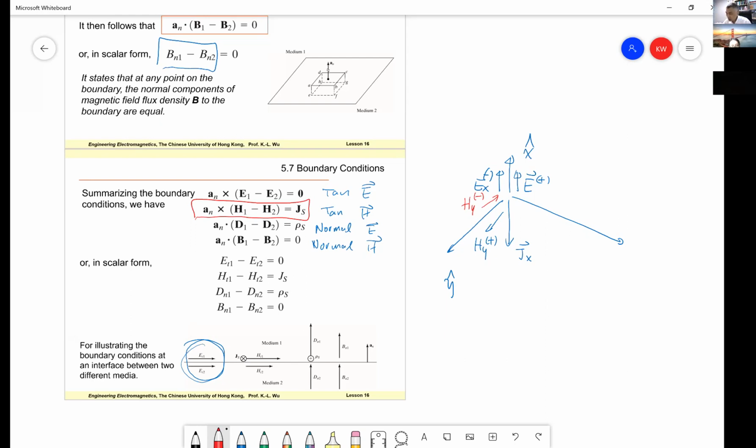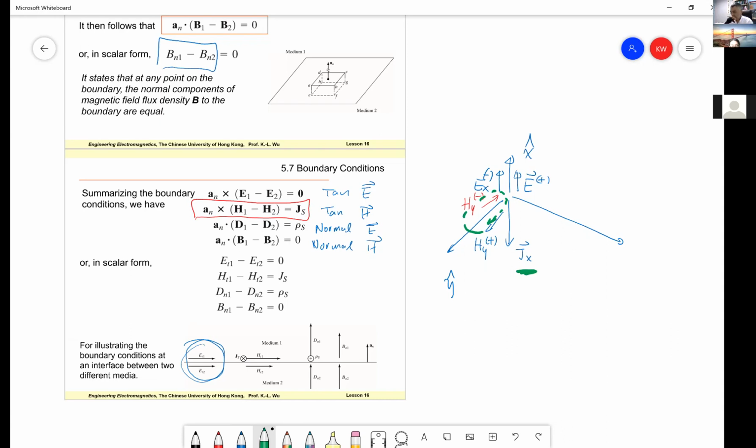I change color, and this loop equation follows Ampere's law. So the H integration becomes current, or you can say the difference of the tangential component of the magnetic field equals the current density.